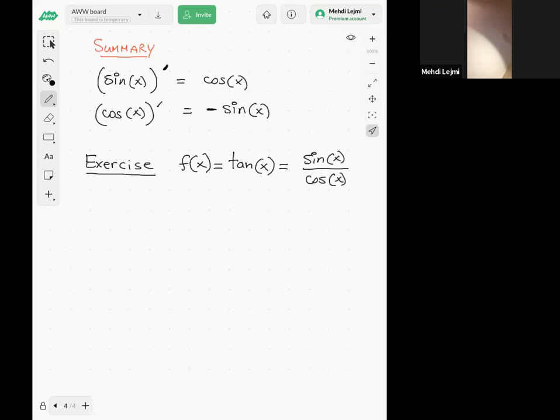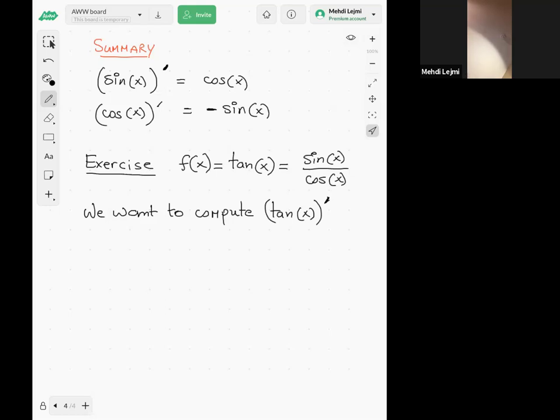I want to compute the derivative, f prime of x, tangent prime of x.